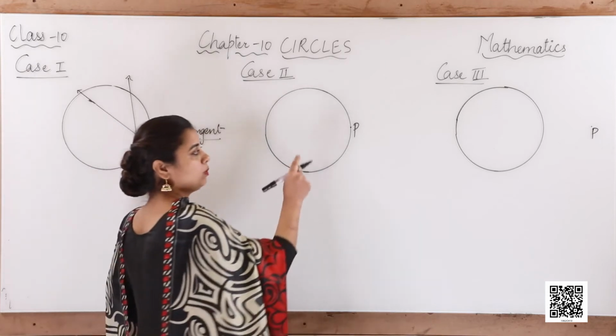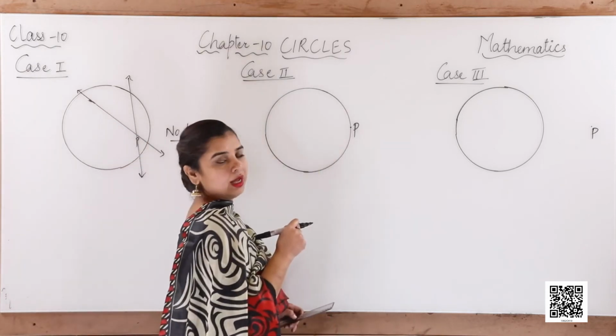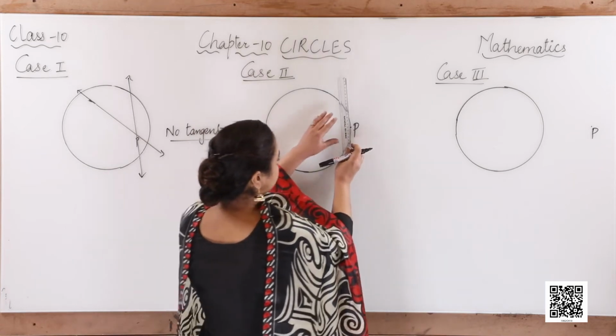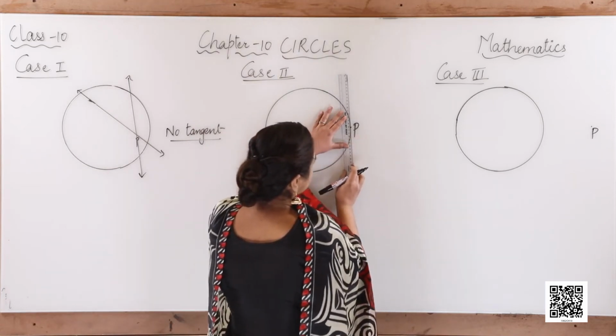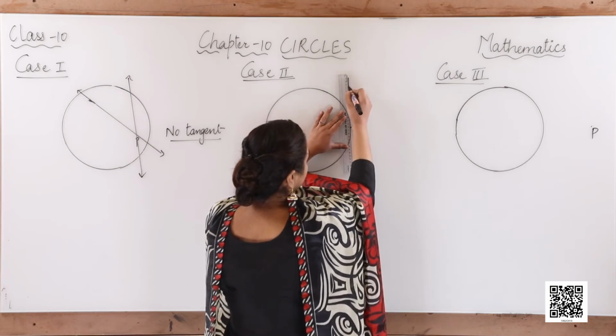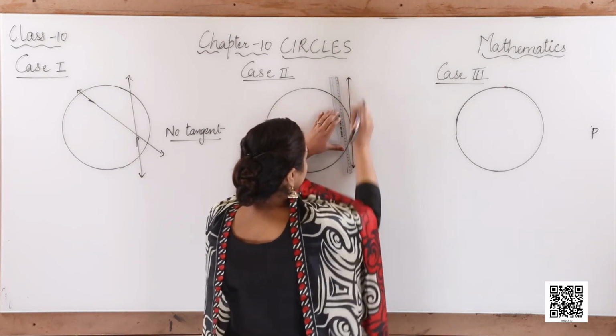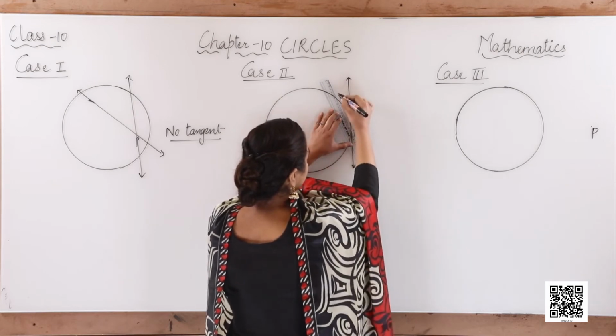Now when the point P is on the boundary of the circle, I want to draw a tangent which passes through point P. Can I draw it? Let us see how many tangents are possible. So this is one tangent. Can we have some other tangent?